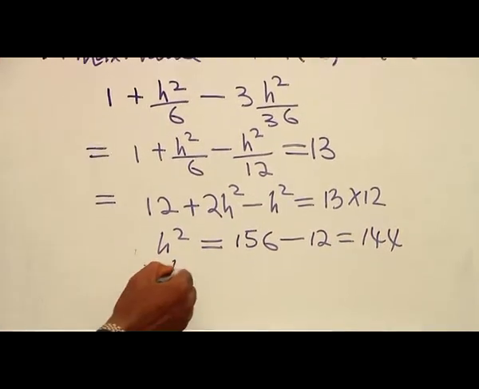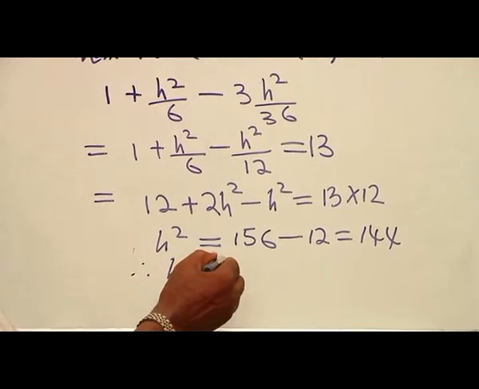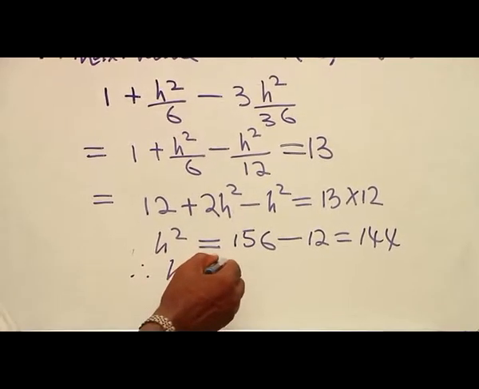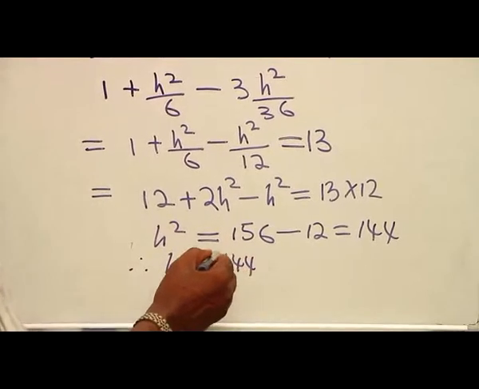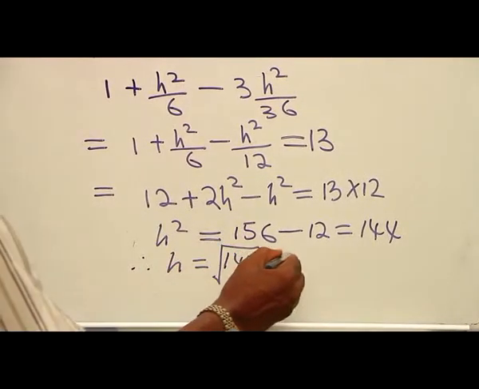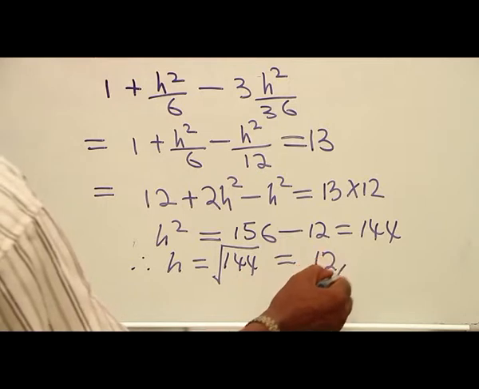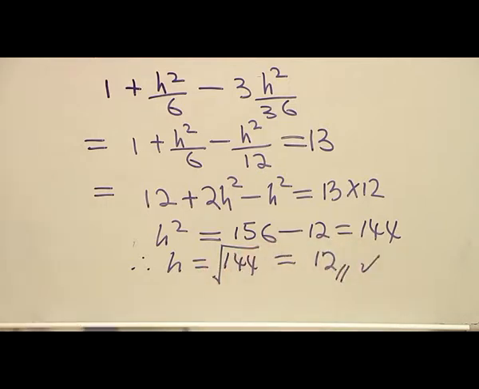Therefore, the h, which is what you are asked to find, will be the square root of 144, and the value is equal to 12. And that is the value of h as far as this problem is concerned.